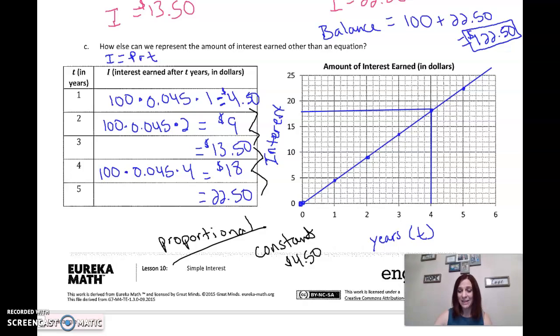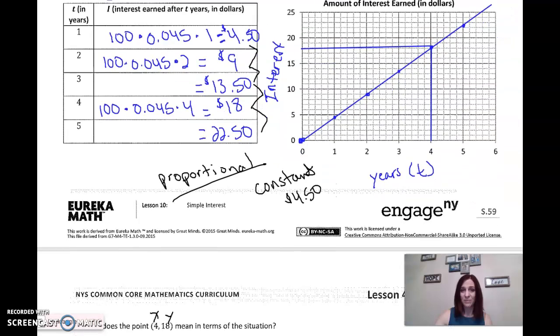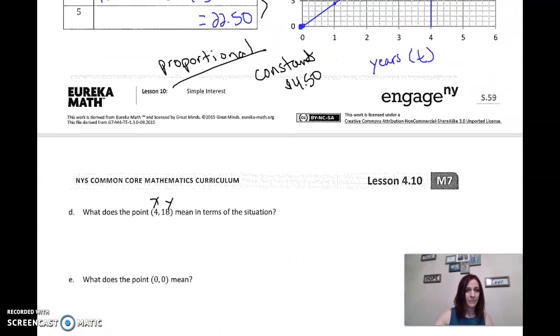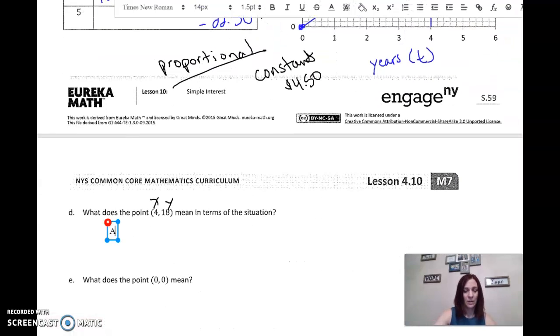Well, that point means that after 4 years, the interest is $18. After 4 years, Larry earned $18.